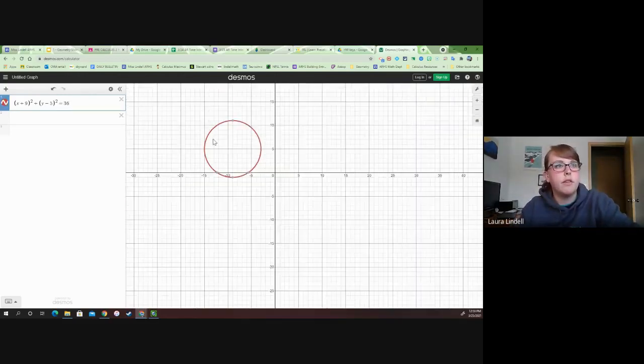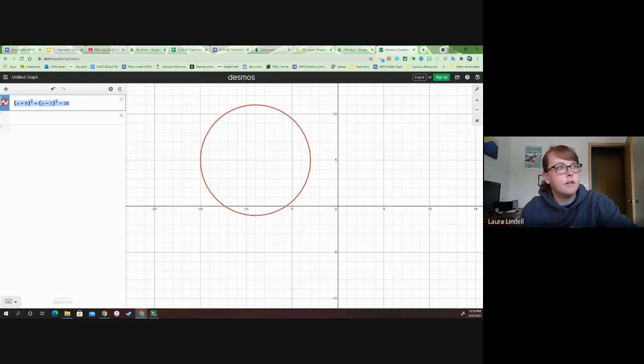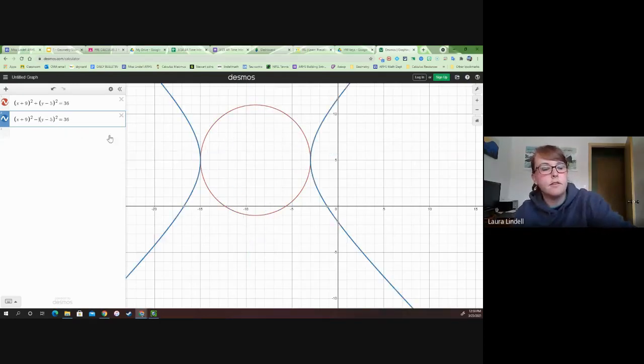And we end up with this circle. Or if we change it to a minus, you end up with something that looks like this instead, which is a hyperbola. And that's actually what we're going to cover in 7.3. So yes, the plus in between absolutely makes a difference.